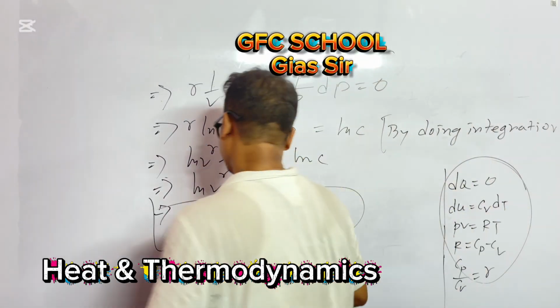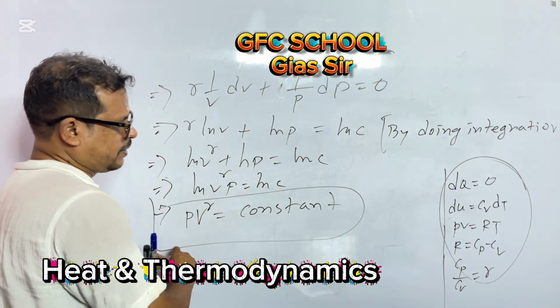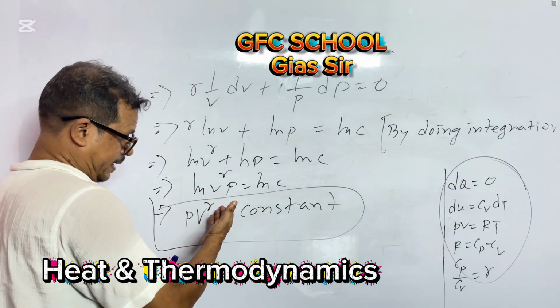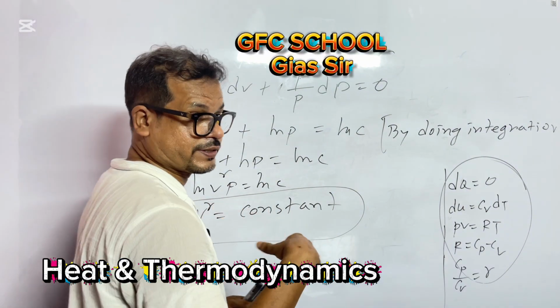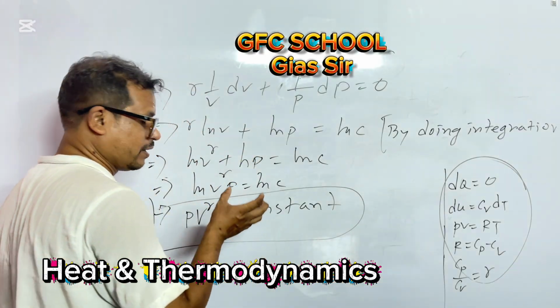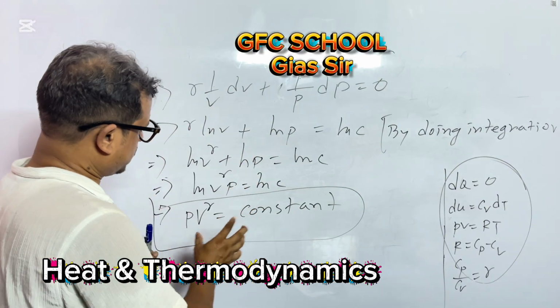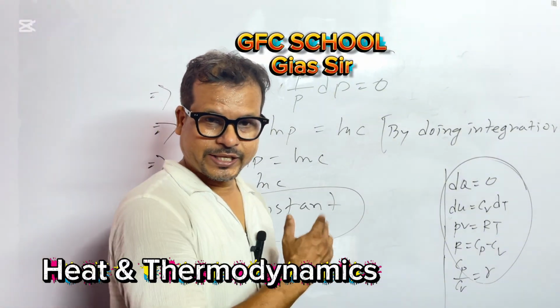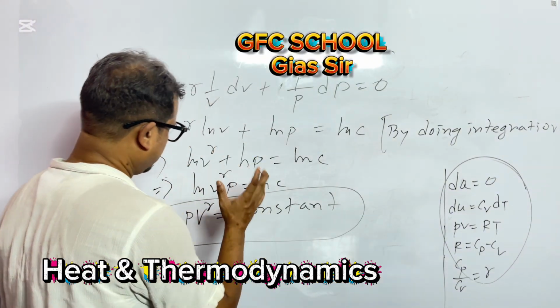Guys, if you know gamma, V and P, or if you know the state of P, then you can find out the second volume of that system. Anyway, just remember this: P V to the gamma equals constant. Such way we have deduced finally.